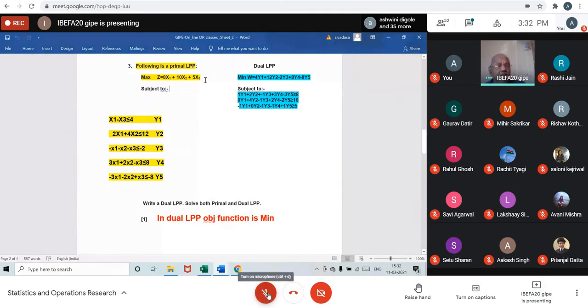So the yellow color is your original LPP like what we do in the class. Then blue is called dual LPP. No matter primal LPP or dual LPP, the first step will be variables.